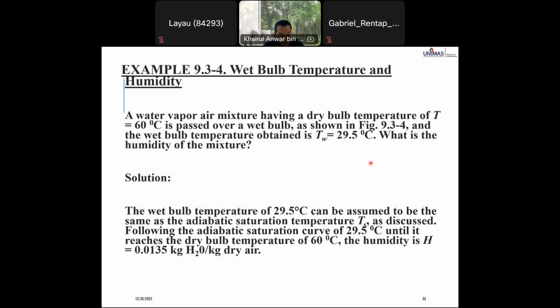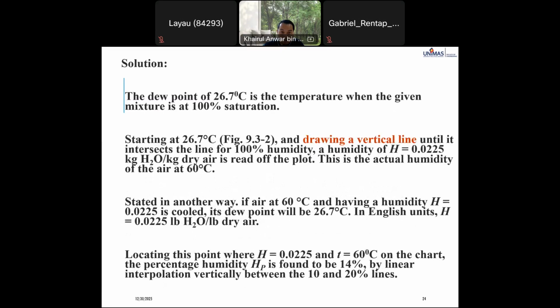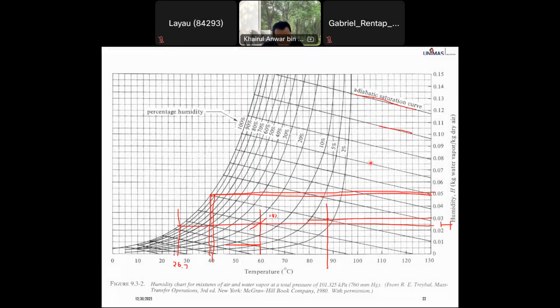The wet bulb temperature of 39.5 degrees C can be assumed to be the same as the adiabatic saturation temperature, as we discussed. Following the adiabatic saturation curve at 39.5 degrees C until it reaches the dry bulb temperature of 60 degrees C.